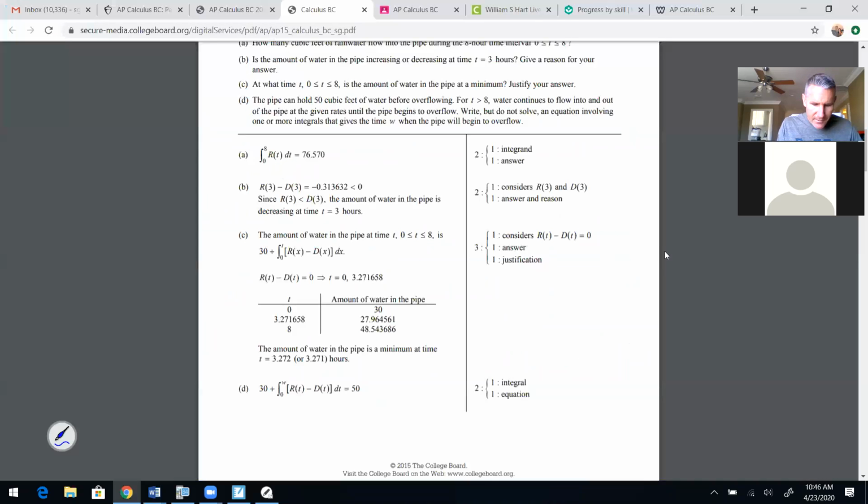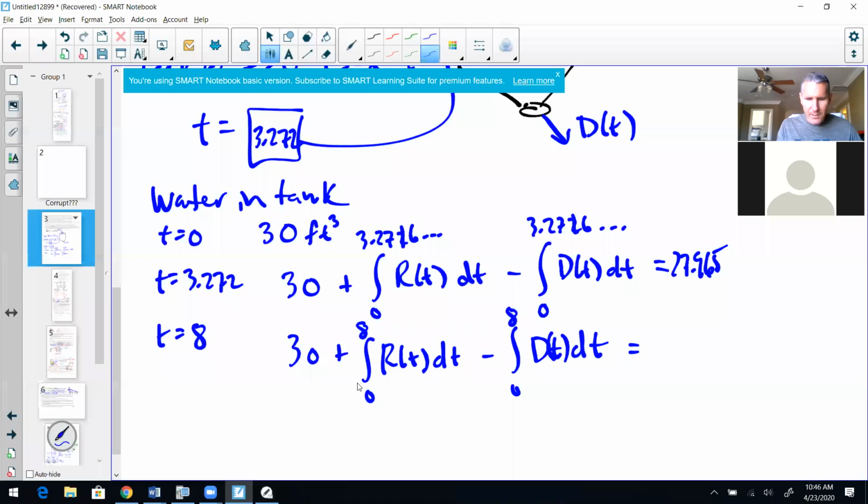And then at t equals 8, there's 50. So this is going to be the least amount of water in the tank, and that occurs when t is equal to 3.272. Okay, so that's how you should answer the question.